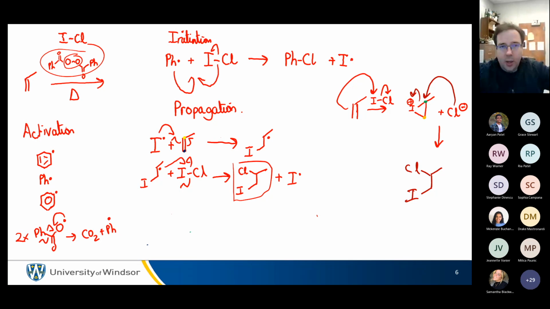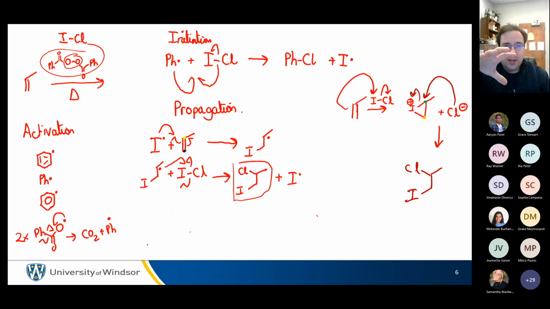There's an iodine chlorine bond. The radical kind of comes in down the middle. It sees both the iodine and the chlorine, and it can choose to grab either one, and it's going to grab the one which makes the other one more stable. It's not about positive charges in this case. So the phenyl group comes in.